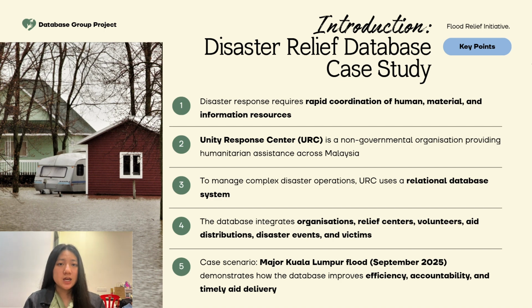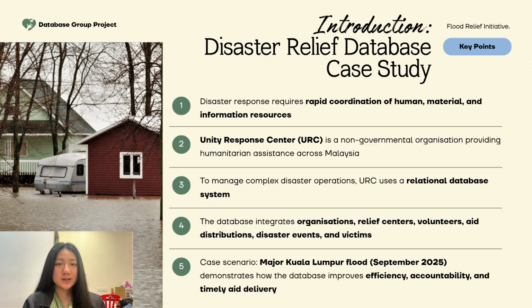In our case study, the Unity Response Center, or URC, is a non-governmental organization that provides humanitarian assistance across Malaysia. Due to the complexity of managing volunteers, relief centers, aid distribution, and disaster events, URC uses a relational database system.